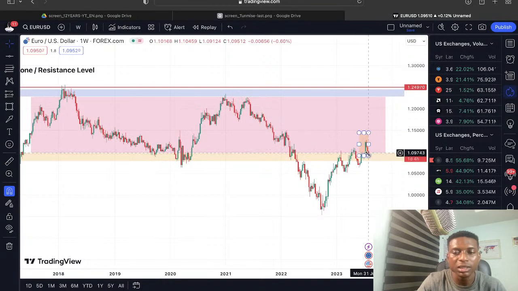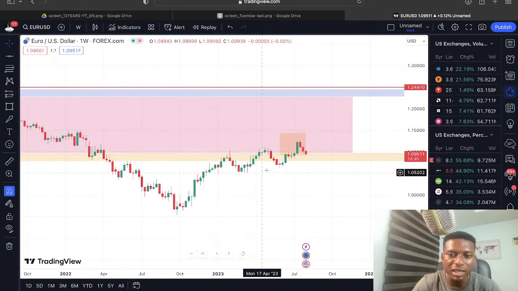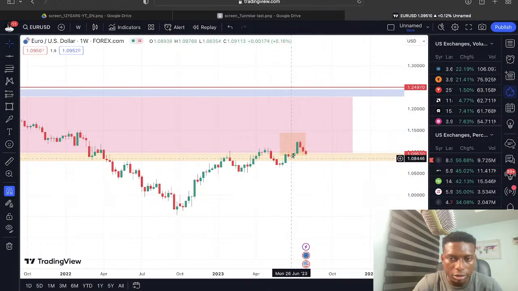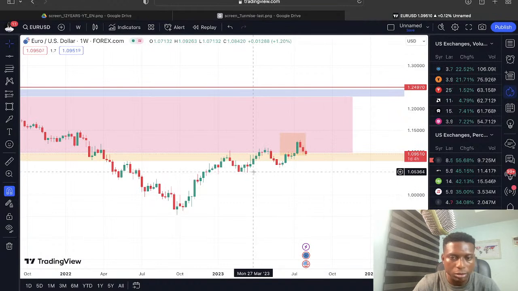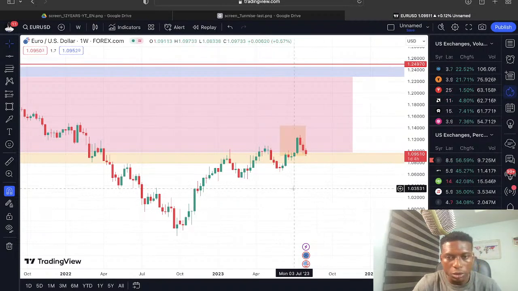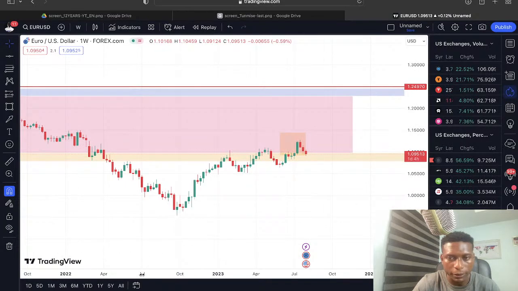A resistance zone. All right, and we can see the reaction of what happened in the last 3 weeks. Price gradually moved down. All right, so when price gradually moved down, this is telling us something.